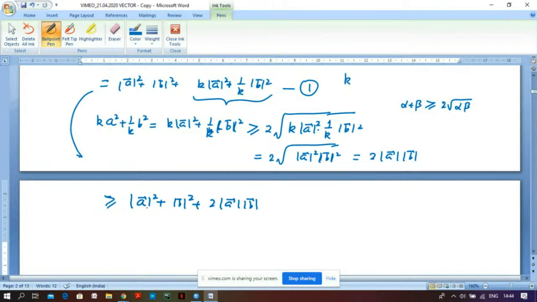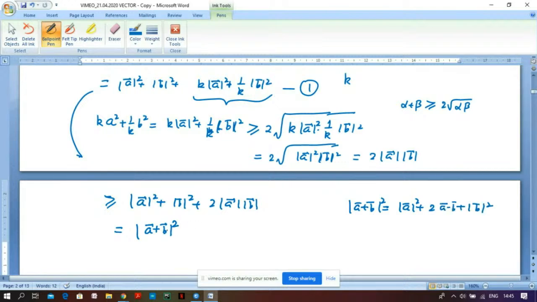They are just like x squared plus y squared plus 2xy. So that equals modulus a plus modulus b whole squared. Or you can also write simply, the way we have done, modulus a plus b whole squared. So we are done. We already have covered that modulus of a plus b whole squared is modulus a squared plus 2 times a dot b plus modulus b squared.